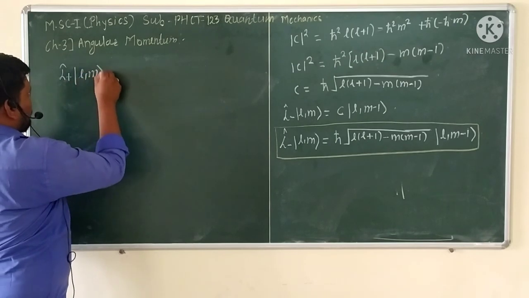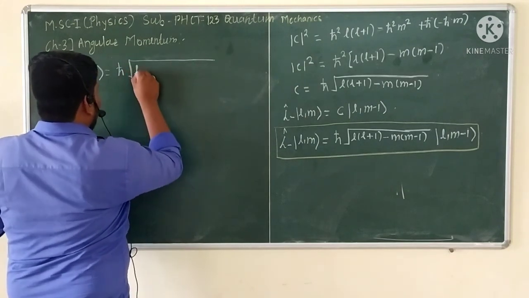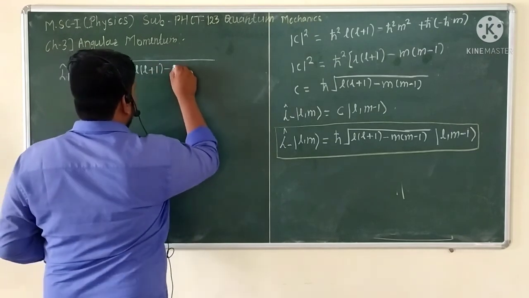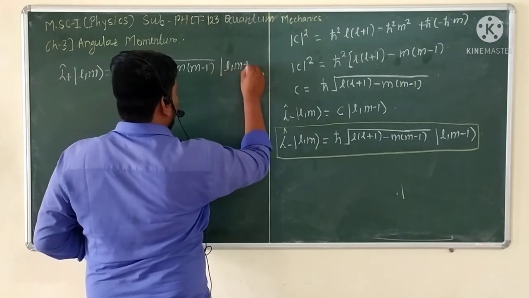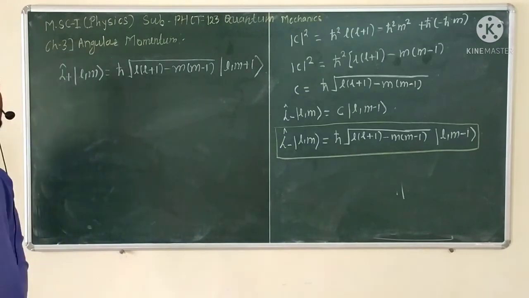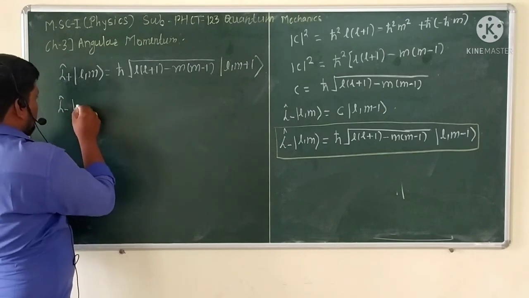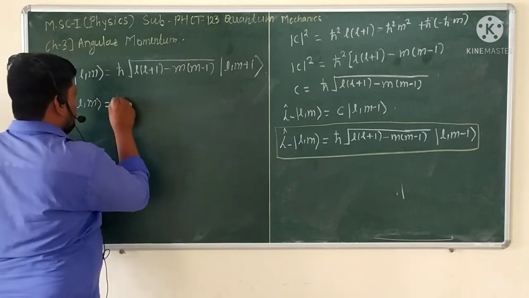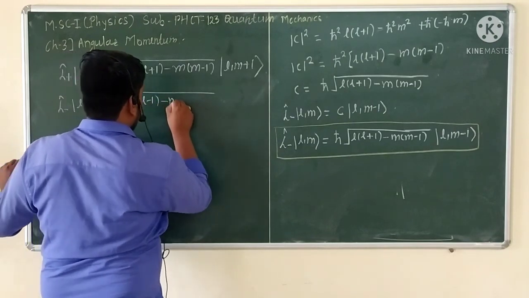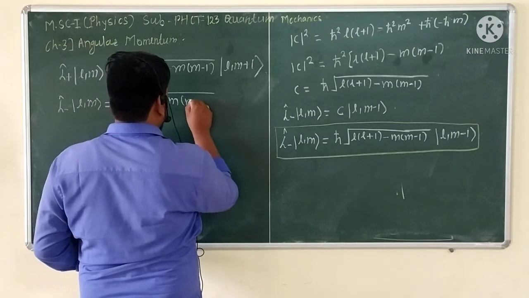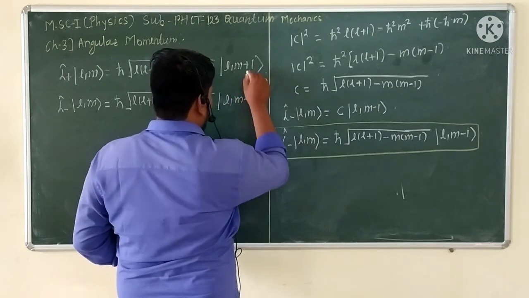L plus on L comma m is h cross times the square root of L into L plus 1 minus m into m plus 1, times the ket of L comma m plus 1. This is the first relation for the raising operator. Second, L minus cap on L comma m is h cross times the square root of L into L plus 1 minus m into m minus 1, times the ket of L comma m minus 1.